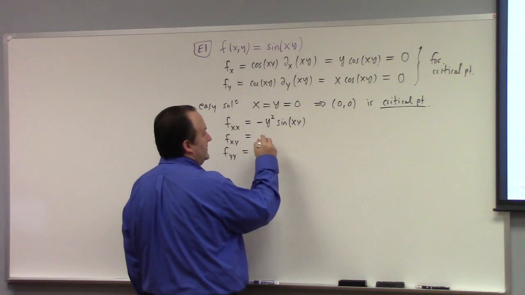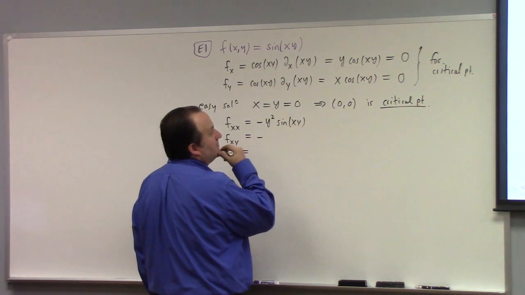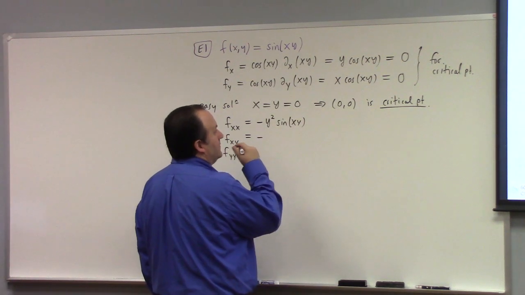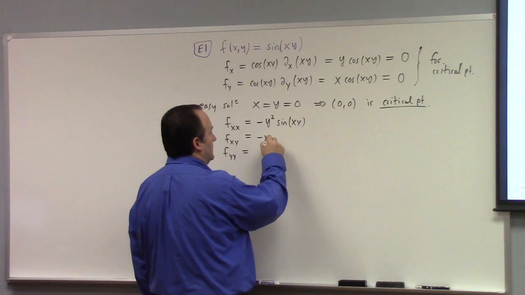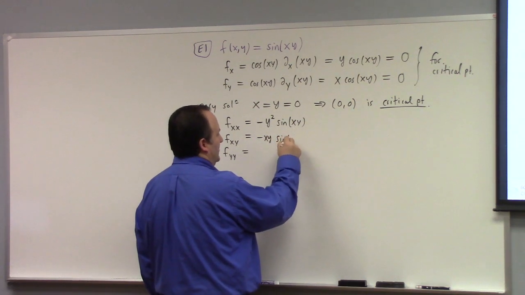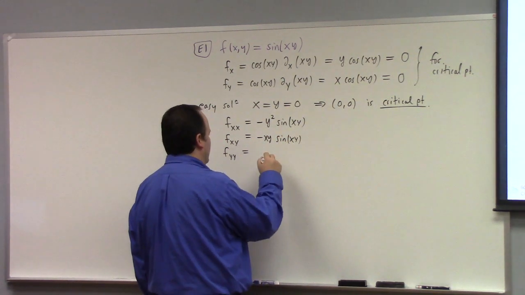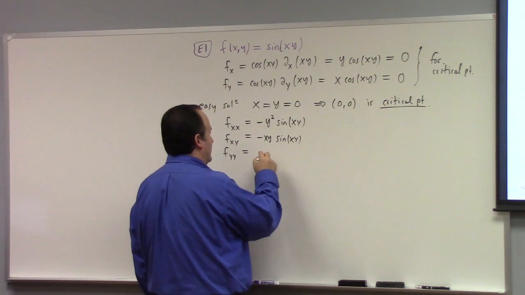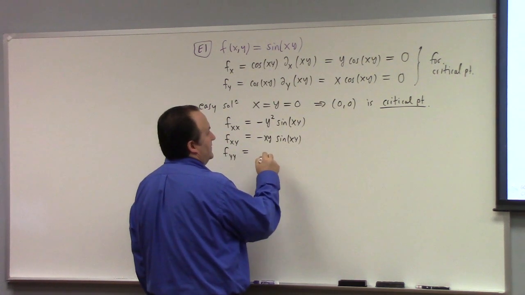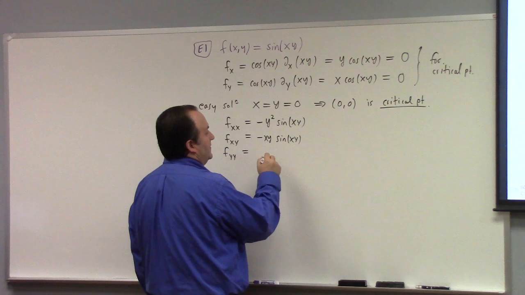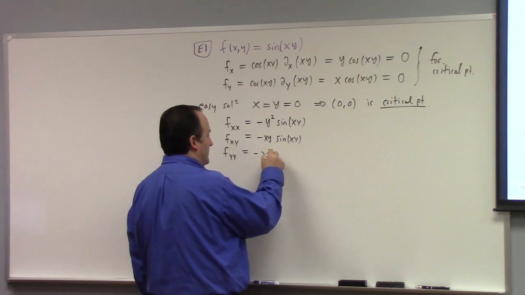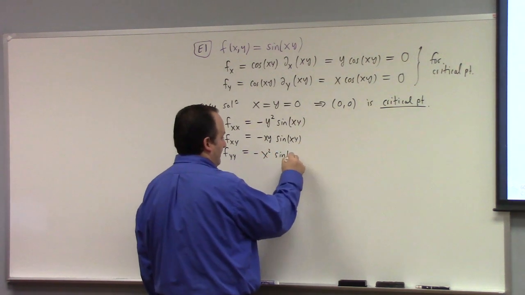We get minus, is it xy? Sine of xy. Oh man, I have bad feelings about this example. And fyy is what? Minus x squared sine of xy.